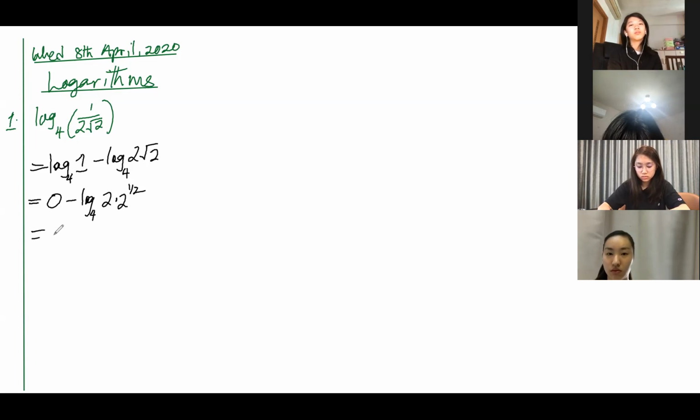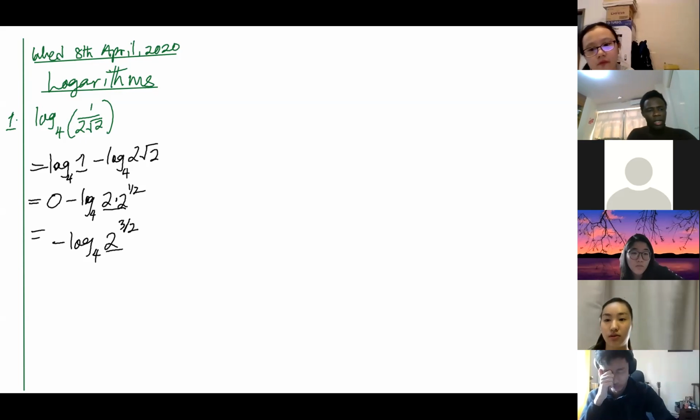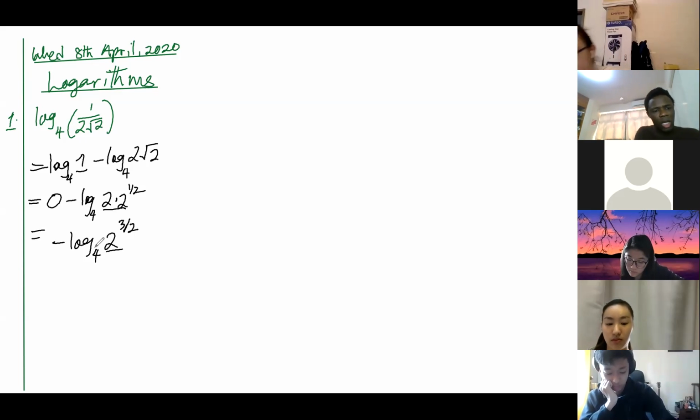Of course, 0 can be ignored. So minus log to base 4. This is 2 to power 3 over 2. I believe everybody understands why these two combine to be this. Can I get a response from the class? Yes. Okay. So now, if you need to change this to 4, you can, or you could just write everything is equal to x and use the other stuff.